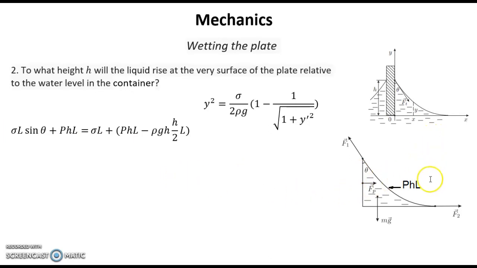Also we have the force from the atmosphere, which, if we project it to the left, we have to multiply pressure by area, which is H multiplied by L, and totally that's P H L. So these are two forces acting to the left, and they must be balanced by forces acting to the right, which is the force of surface tension going straight horizontally, that's sigma L, plus the force from this plate.